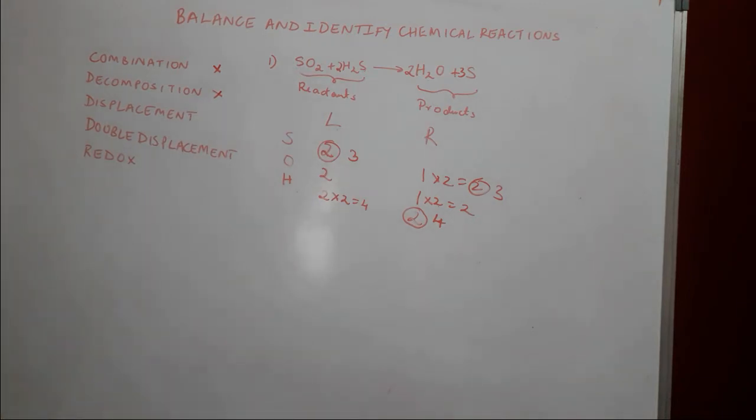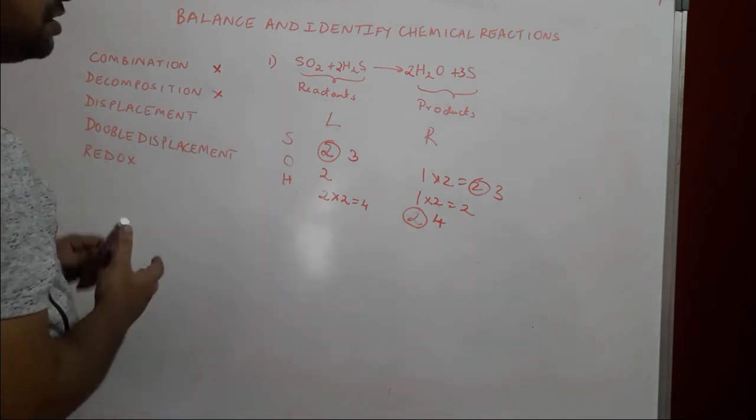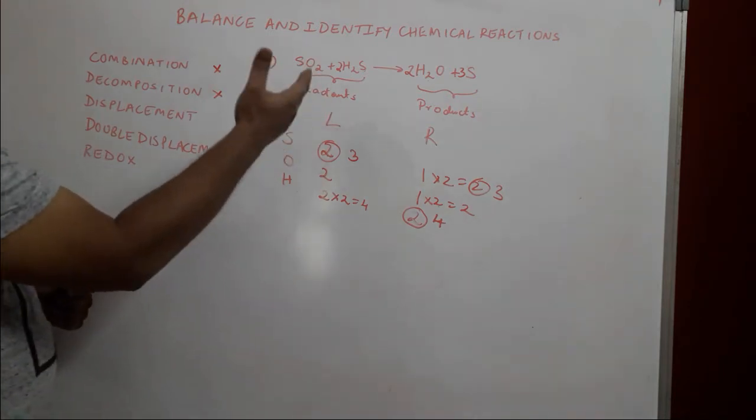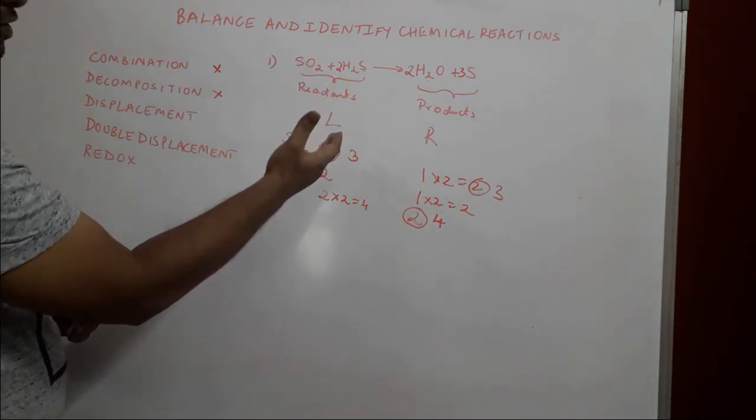How about a displacement reaction? Can it be a displacement reaction? No, it cannot be, because in a displacement reaction, a highly active metal displaces a less active material from its reactivity series. So here that really doesn't happen, if you notice.